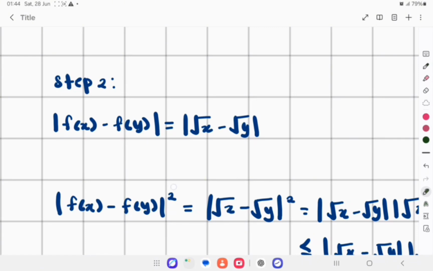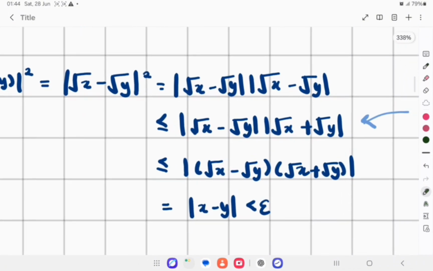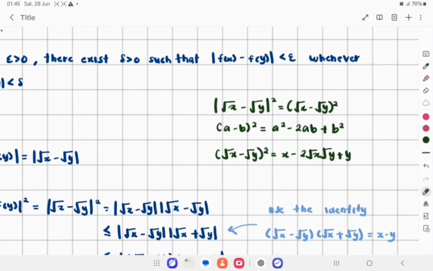So, we square both sides and then we get this. How do we get from this to this? We start with the difference of square roots. To make this easier to work with, we square both sides and then use the algebra identity and we get this. So, we apply it to our expression.